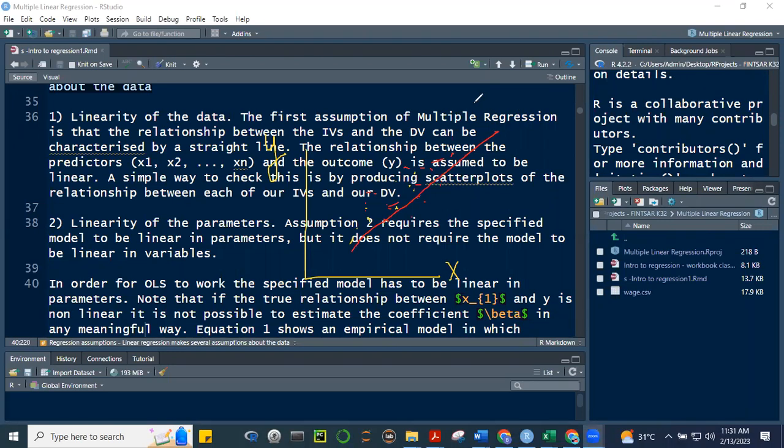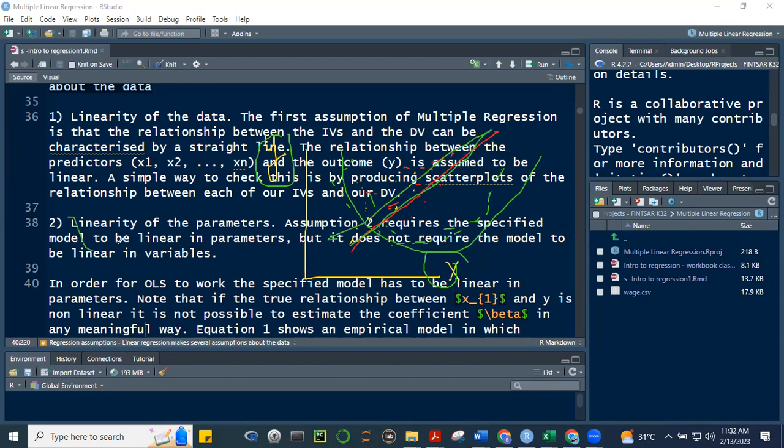If you plot x and y and it turns out to be like this, then you notice that there's not a linear relationship, but rather a sort of quadratic relationship between x and y. So when you're using multiple linear regression, the relationship between your dependent variable y and your independent variable x should follow a linear relationship.